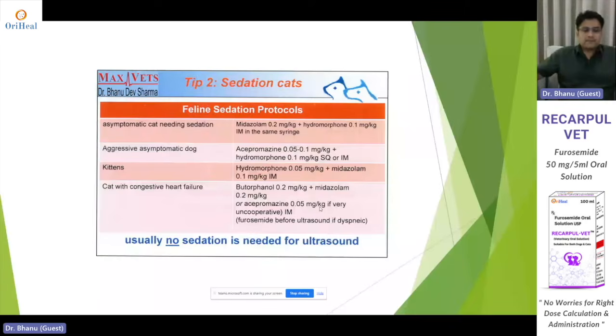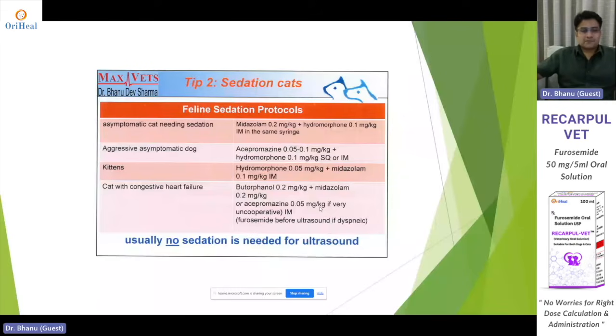So if you want to give some sedation, the safe ones are in the bottommost line, where there is a cat with congestive heart failure, because I have personally used butorphanol and midazolam. This combination works well. This is very safe. Acepromazine, again, you can use in the uncooperative cat, but the butorphanol and midazolam combination I have used personally.